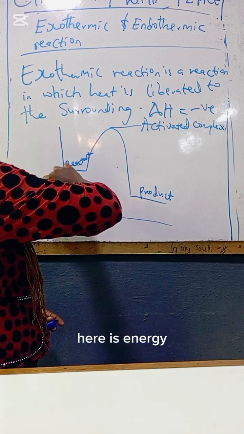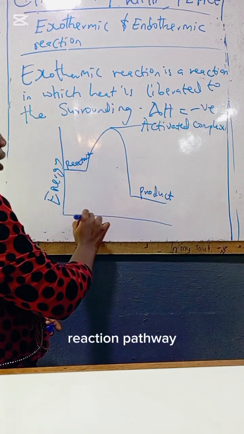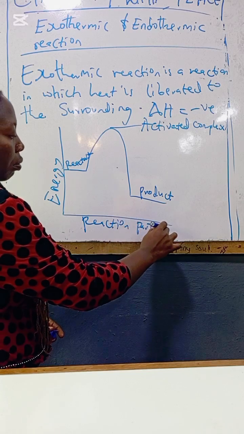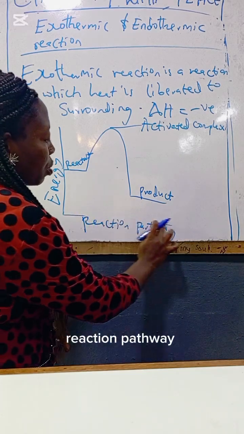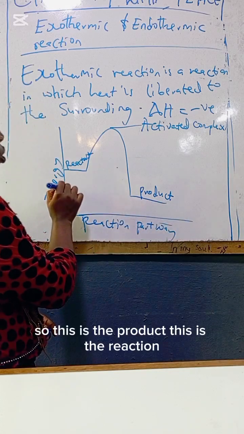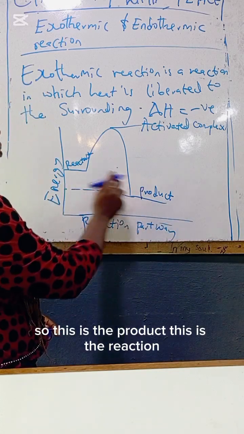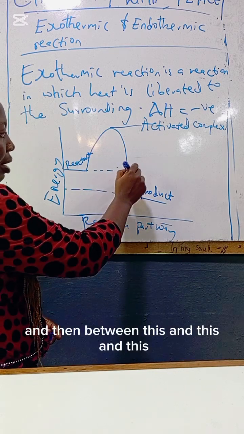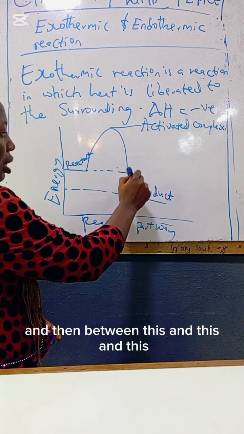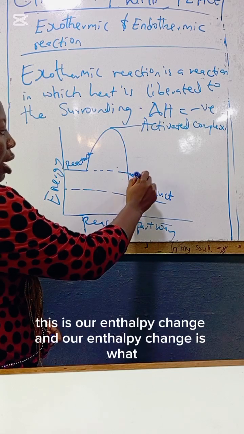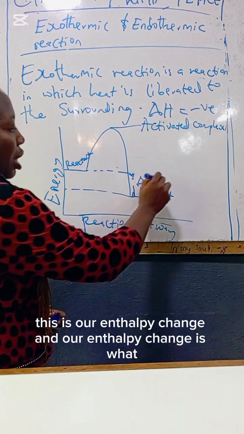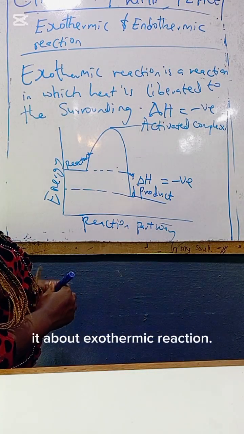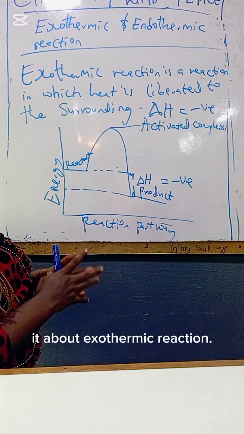Here is energy, and this is the reaction pathway. So this is the product, this is the reactant, and between this and this is our enthalpy change, and our enthalpy change is what? Negative. So this is it about exothermic reaction.